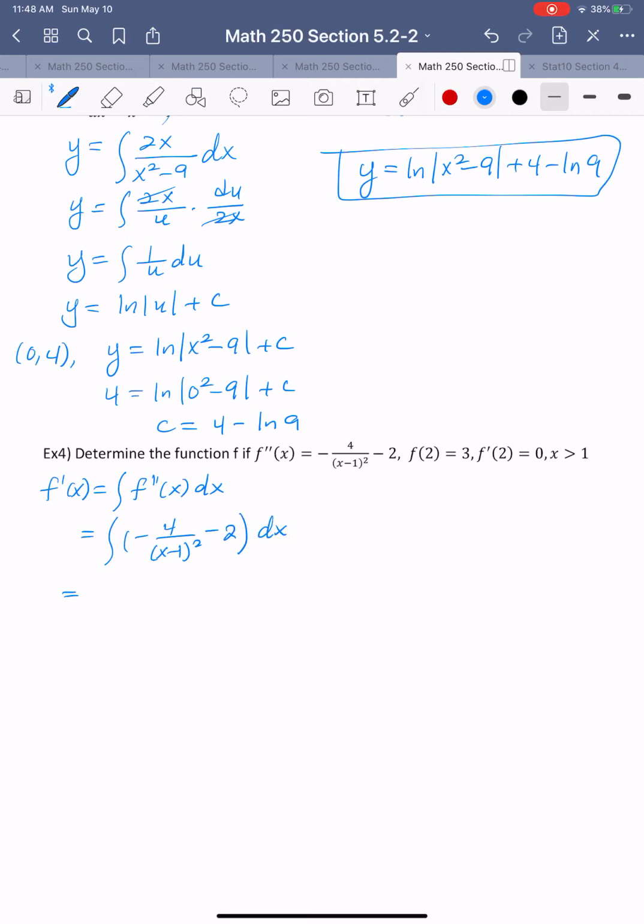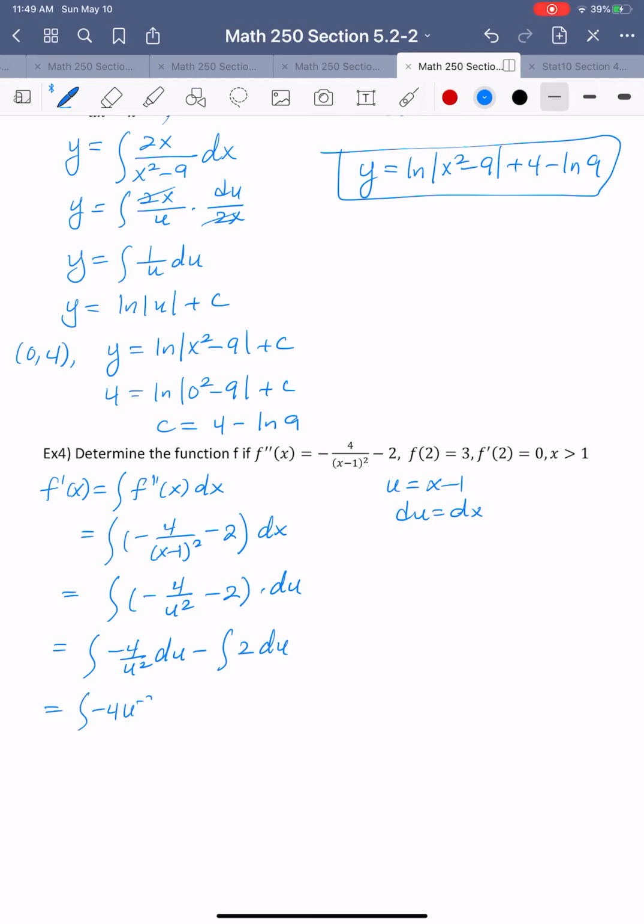If I put u equal to x minus 1, so du is dx, the integral of negative 4 over u squared minus 2 du, which is negative 2u plus c1. Okay, we can do that.